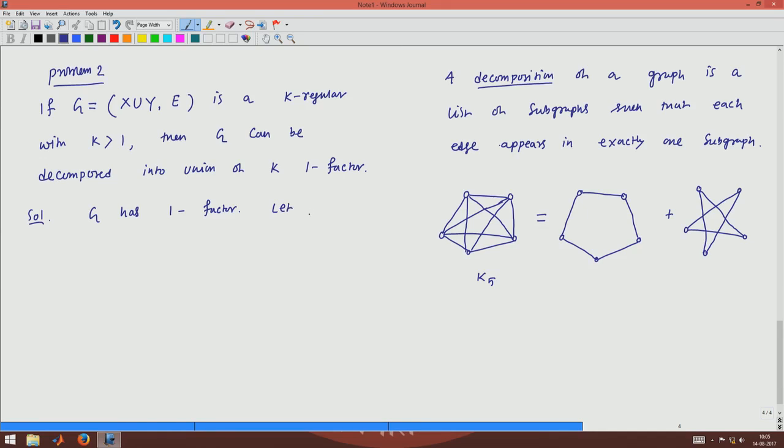Let M be a 1-factor of G. Then G minus M is a k minus 1 regular bipartite graph.